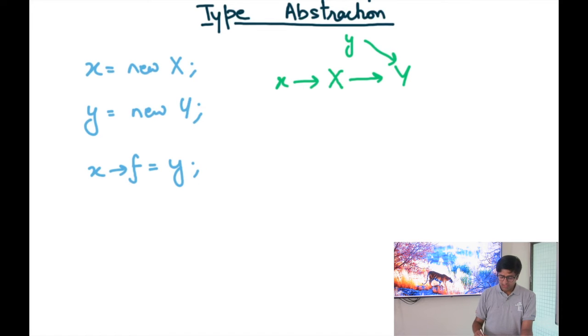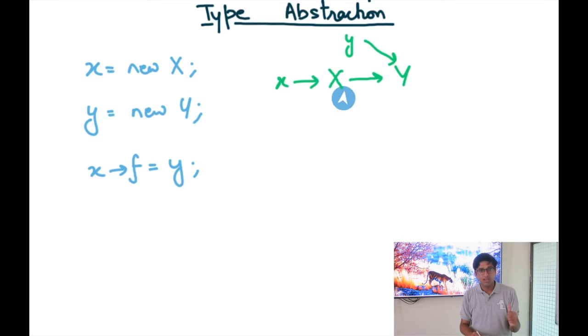Which means that small x, first of all, may point to an object of type capital X. Small y may point to an object of type capital Y because of these two new statements. And finally, because of this statement, x.f equals y, an object of class capital X may have a pointer to an object of class capital Y, and that pointer may be stored in the field f.